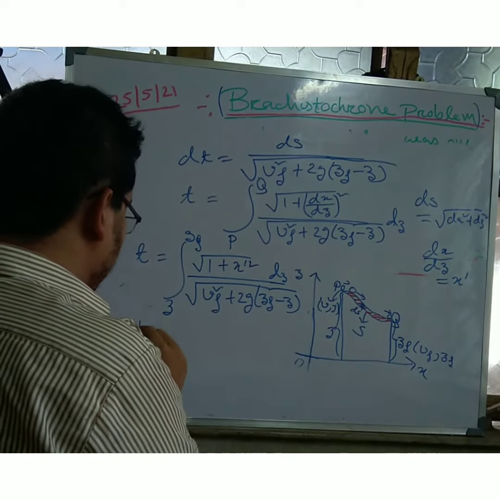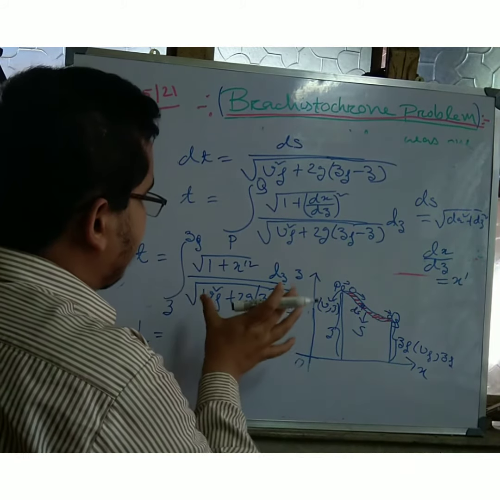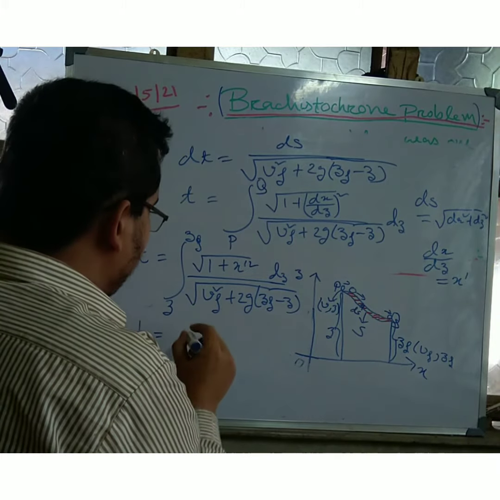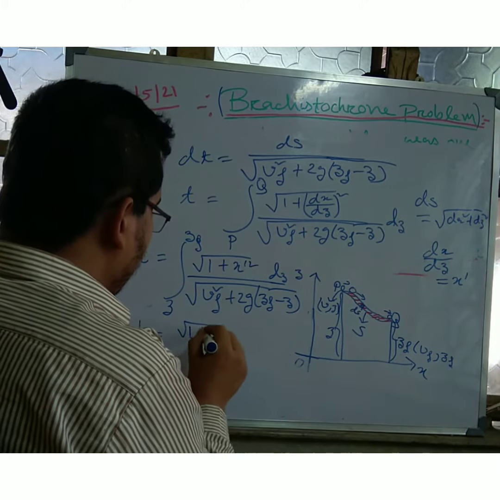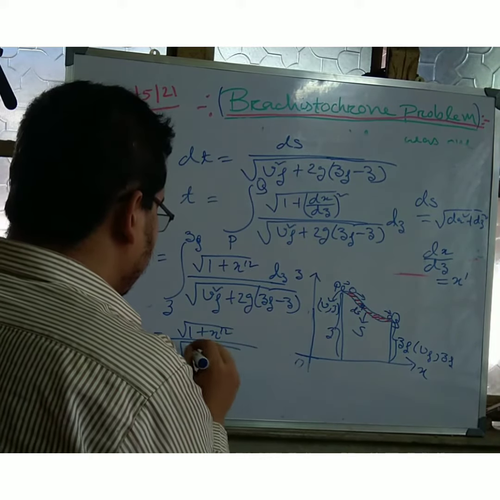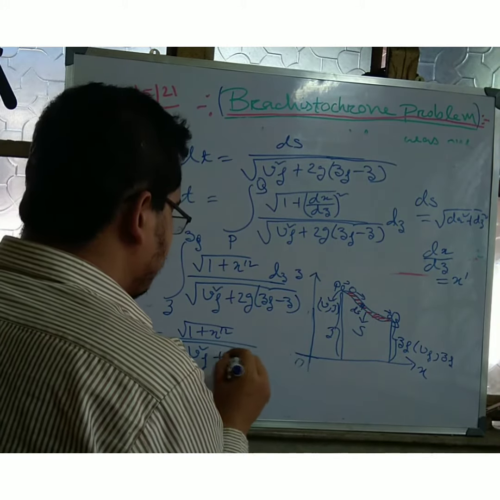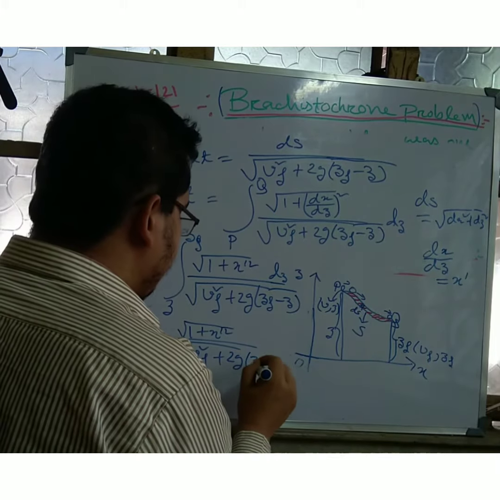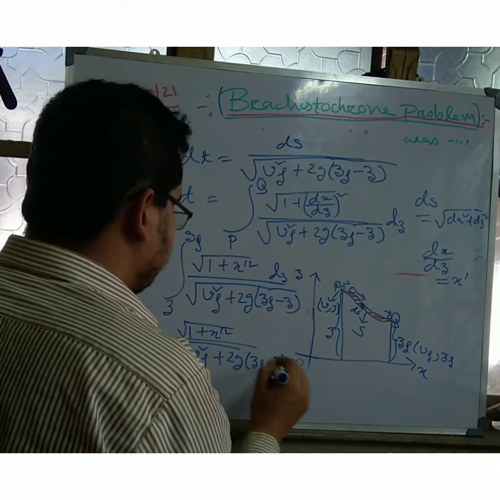So friends, a is equal to whatever my factor is: a is equal to root over 1 plus x dash whole square divided by root over v square f plus 2g into zf minus j.